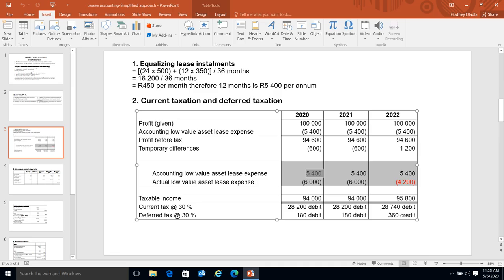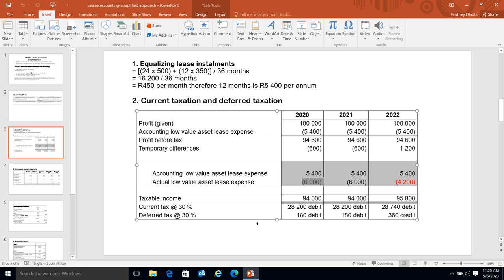But you've actually paid 6,000 in the first year. So you've overpaid. Right, you've overpaid. The actual amount that you've paid is 6,000. But accounting is saying you should have paid 5,400. So if you've paid more, because you've paid 6,000, you've paid more, by 600. If you check 6,000 minus 5,400 is 600. So that 600 that we've overpaid becomes a prepayment.